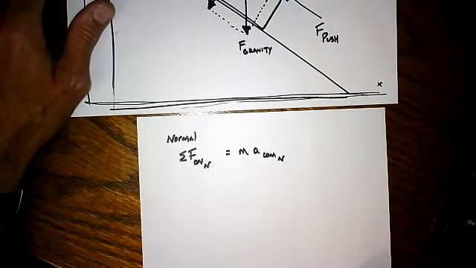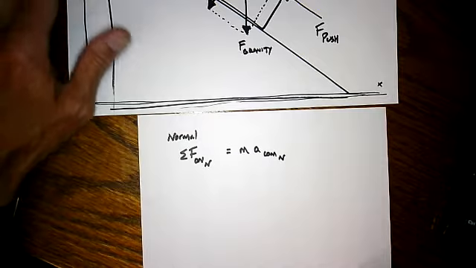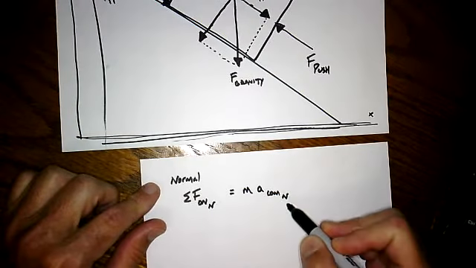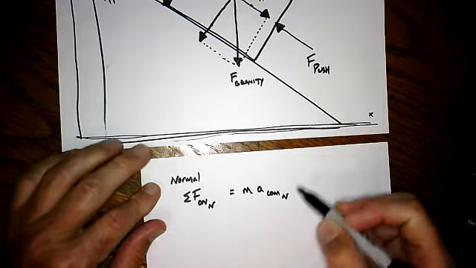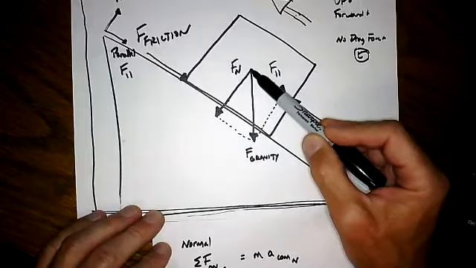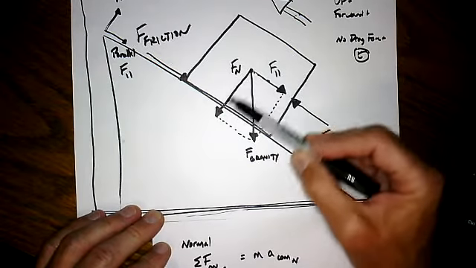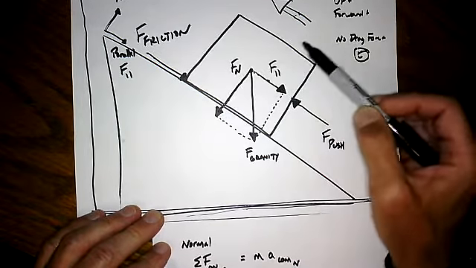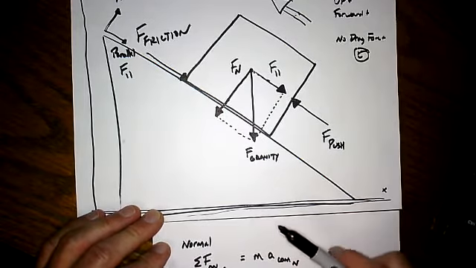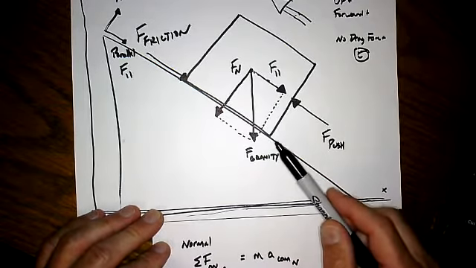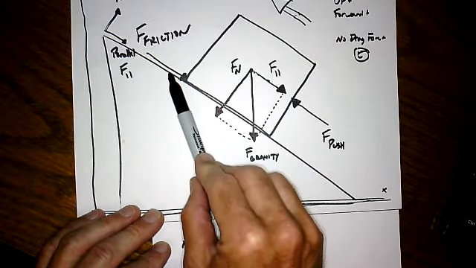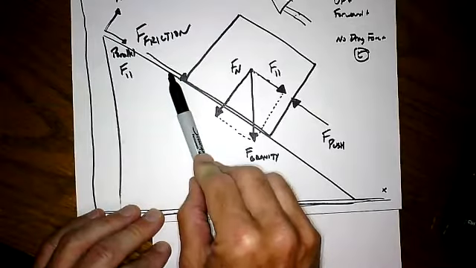I already realized I forgot the force right when I started writing this, because what I was about to say was there's no acceleration in the normal direction because there's no change in velocity in the normal direction, because velocity of the center of mass is 0 in the normal direction. But I only drew one force here. Now I'm going to mess up my drawing, because the force I forgot to include was the other component. This here is technically part of the ground reaction force.